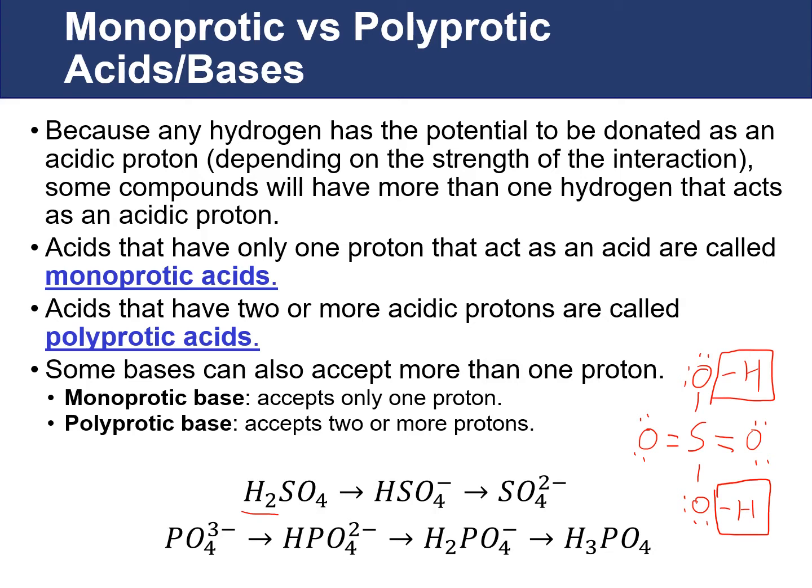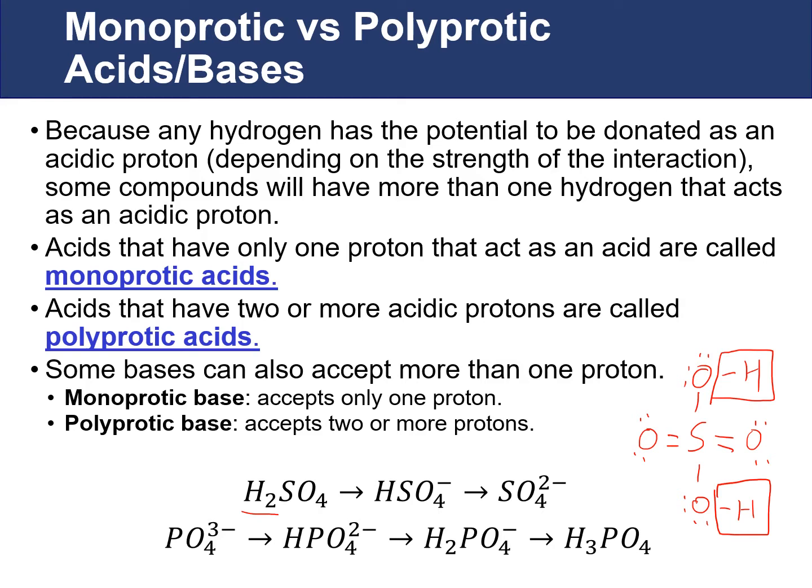We could also have something like the phosphate ion, PO4 3 minus, which can first accept 1 hydrogen. Once all of your PO4 3 minus in solution have accepted a proton, then those that have been converted into the HPO4 2 minus can accept an additional hydrogen, forming H2PO4 minus.